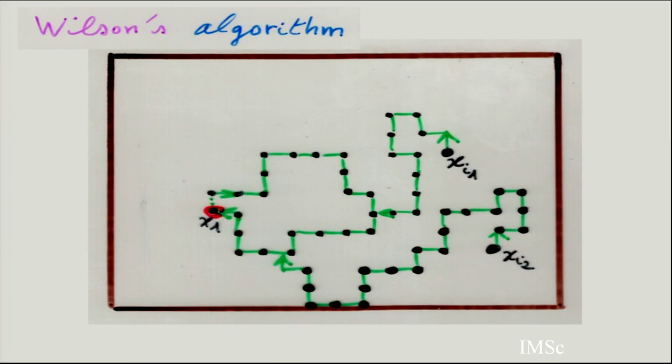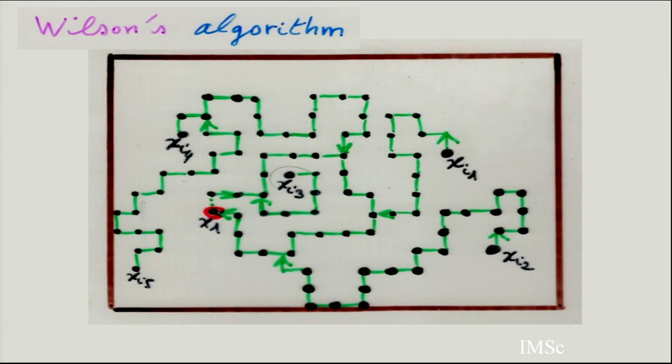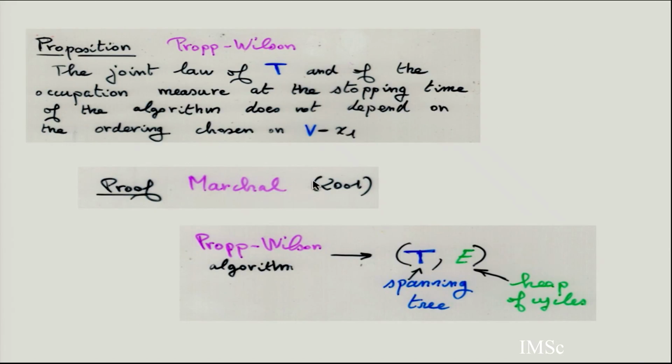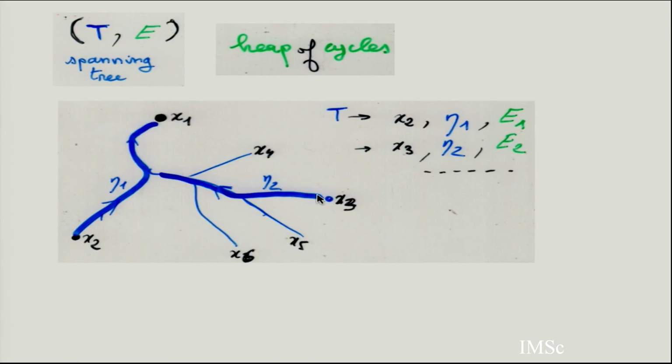Each time you have a new pass, put all the heaps of cycle one over another. At the end, what you get is a spanning tree, and a whole heaps of cycle coming from all the paths you have done in the algorithm. And it's easy to see that this heaps of cycle is in fact a coding of what you have done in the Wilson algorithm. You can completely reconstruct all what you have done.